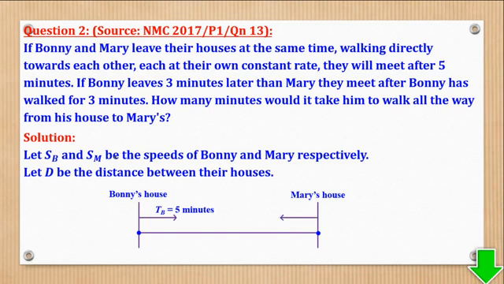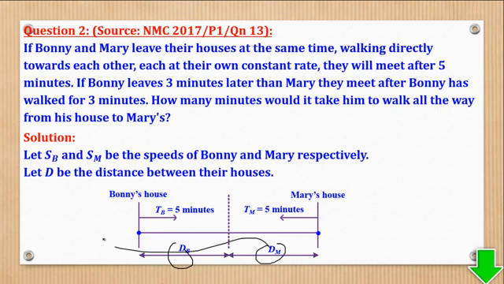Also this one moves and takes 5 minutes, and they will meet at this point. At that point, it means that Bonnie will have moved a distance dB and Mary will have moved a distance dm. And we already said that the total distance between the houses is d, so this plus this gives you the total distance.